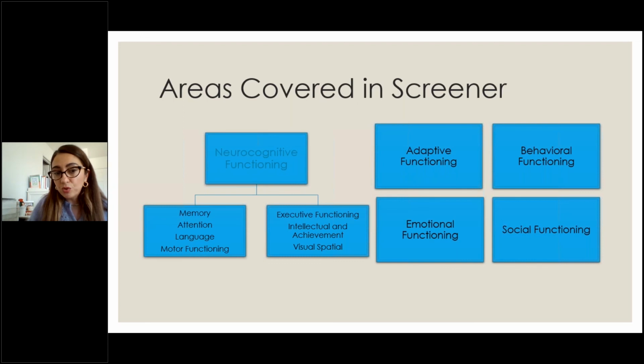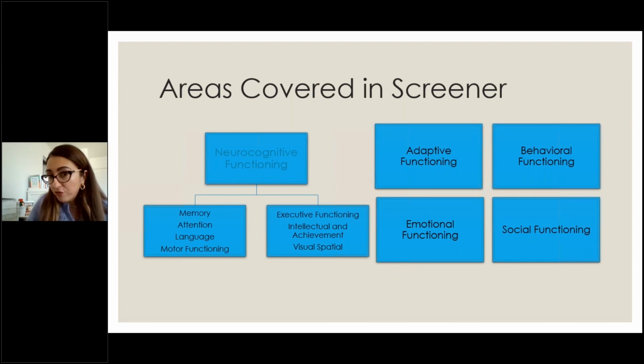So we made sure that we asked some questions around each of those domains to see what kind of neurocognitive impairment we can capture, at least at the beginning. We can't say that for sure, but at least we can capture it as a screen.